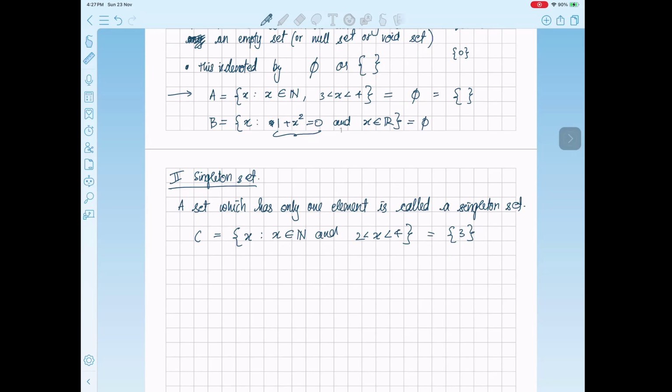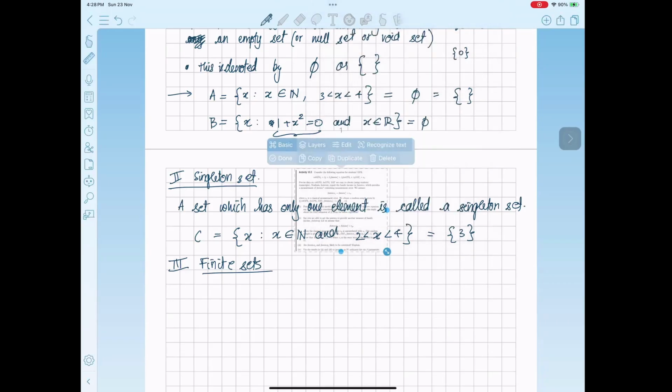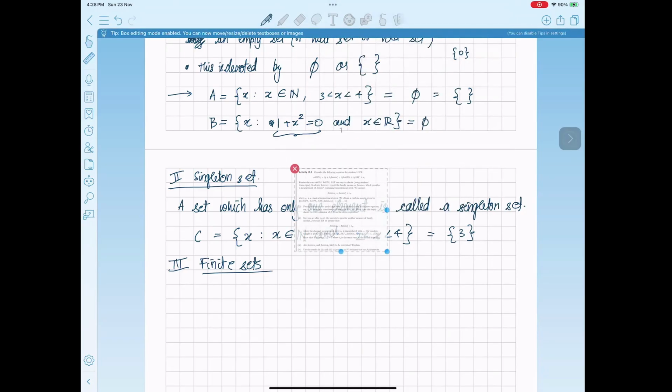The next are finite sets. A finite set is a set which has a definite number of elements, or if it's empty, then both are finite sets. So in that regard, an empty set is also a finite set, right?